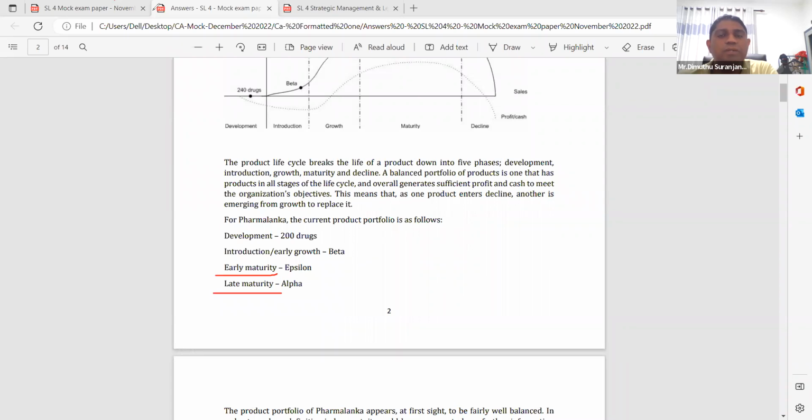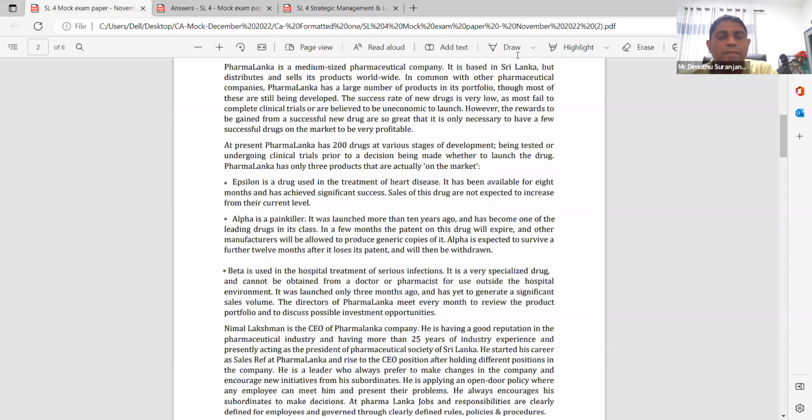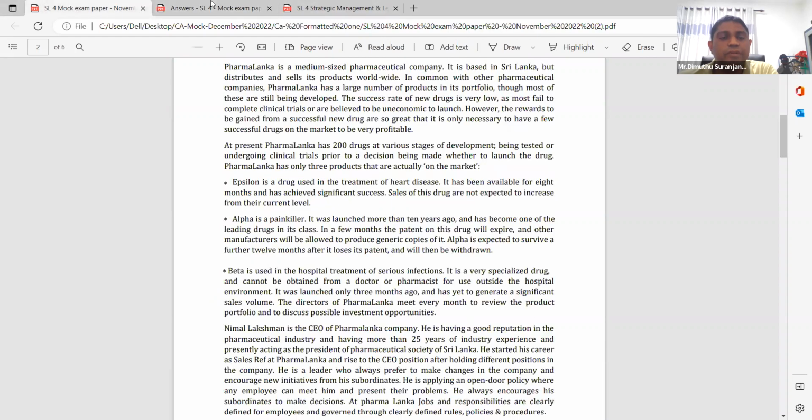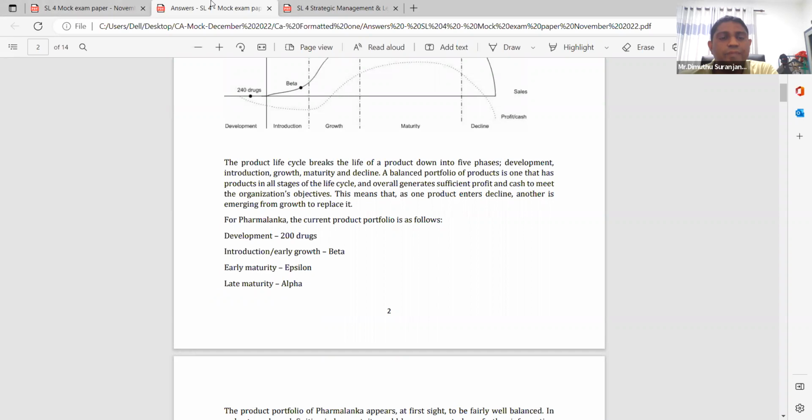Alpha also maturity. Beta is introduction. So epsilon and alpha maturity, beta introduction, and 200 drugs in development.